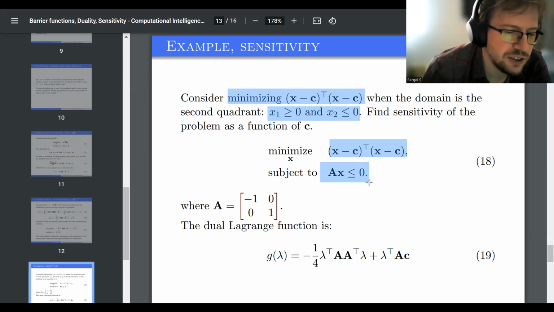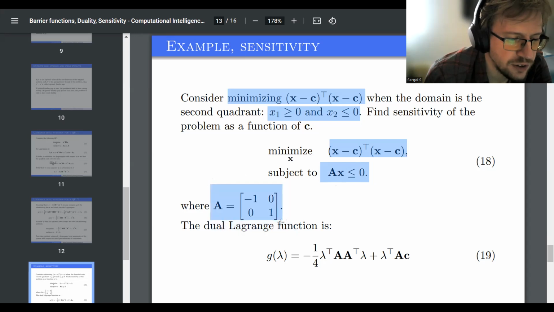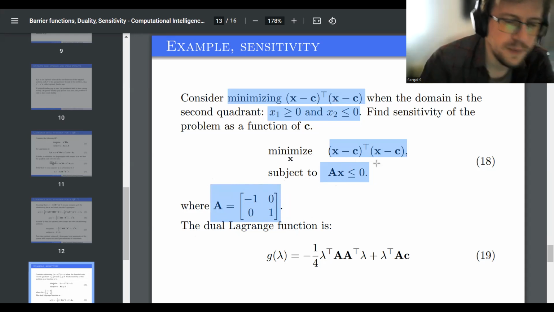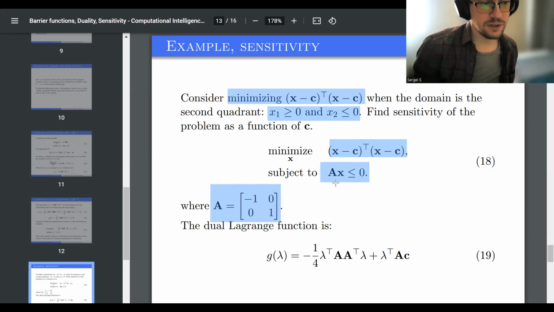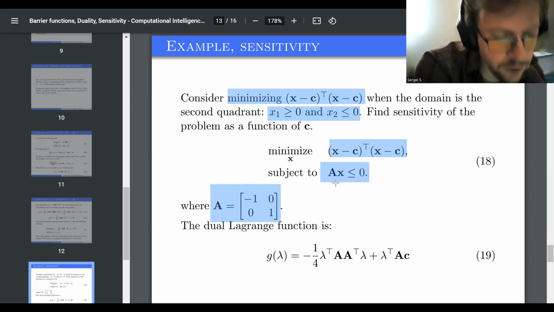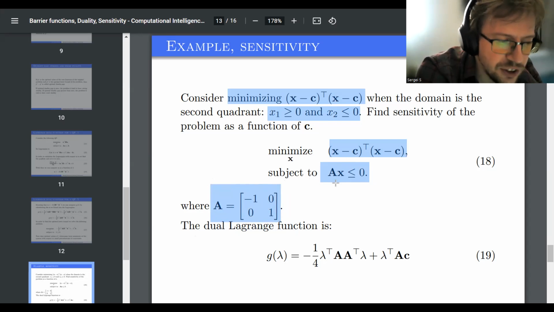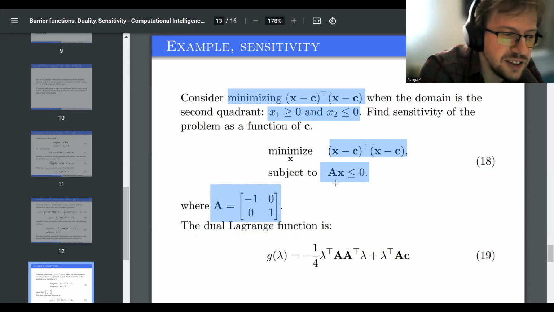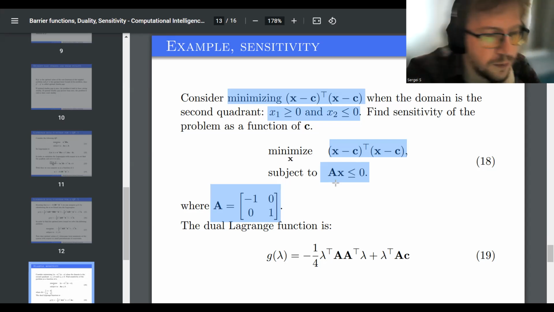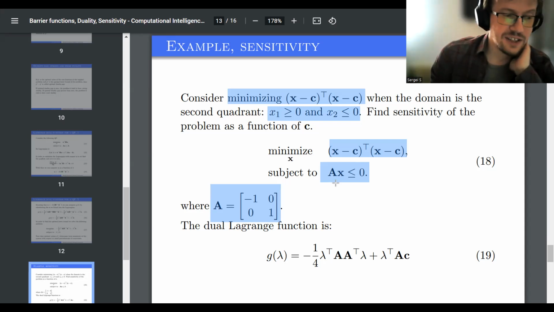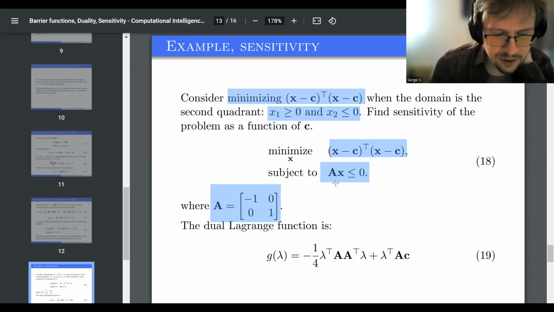This polytope is not so much a polytope as a quadrant: it is two half spaces, and their intersection is the second quadrant. As long as C lies in the second quadrant, the optimal value is x equal to C. But if C does not lie in the second quadrant, then we have a sensitivity with respect to the constraints, and we can analyze which constraint influences our solution and how.